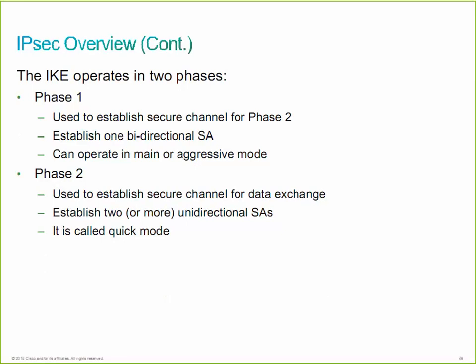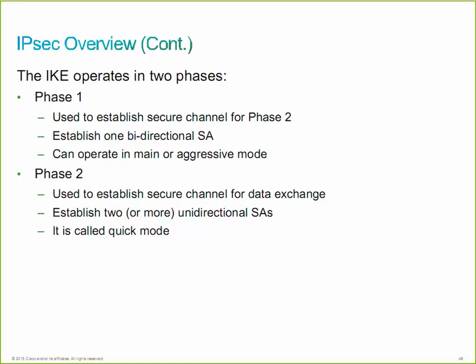IKE, or the Internet Key Exchange, has 2 distinct phases of operation: IKE Phase 1 and IKE Phase 2. Phase 1 is the initial negotiation phase that occurs between the 2 peers. It begins with an authentication. So each crypto peer, each device that's trying to verify its identity to the other device, is going to exchange authentication information.